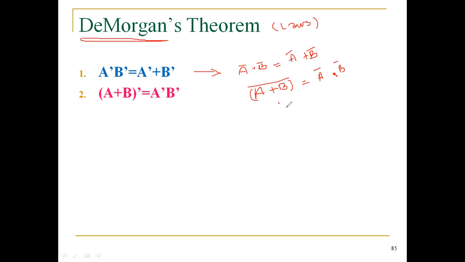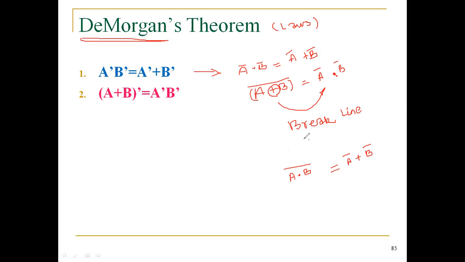Here, what happened? Break the line, change the operator. Line in the sense of complement. So I break the line in (A plus B) whole bar, dividing it into two, and then change the operator: plus becomes dot. Similarly, another law: (A dot B) whole bar equals A bar plus B bar. This is another De Morgan's law.